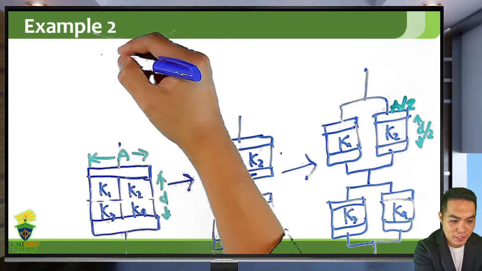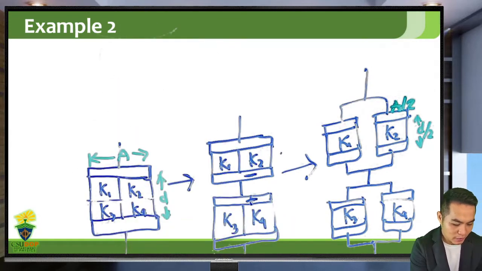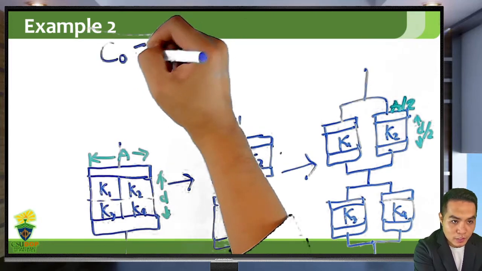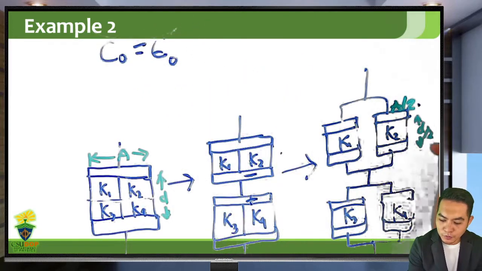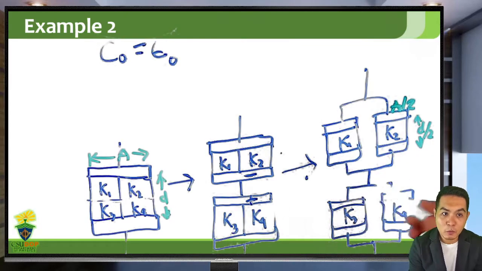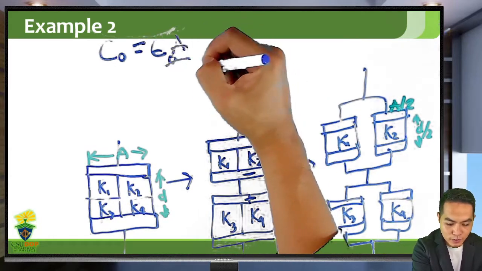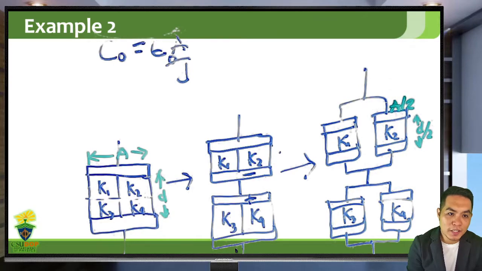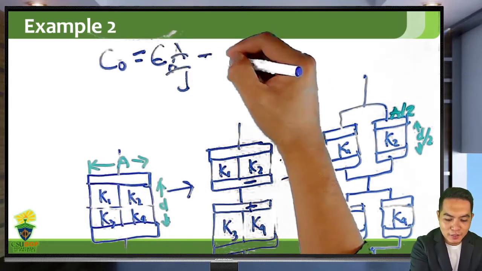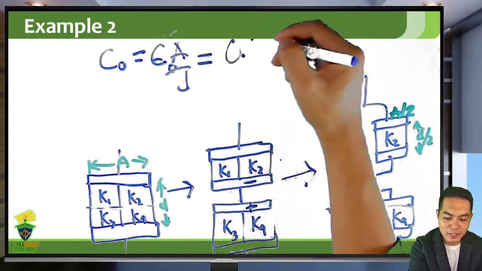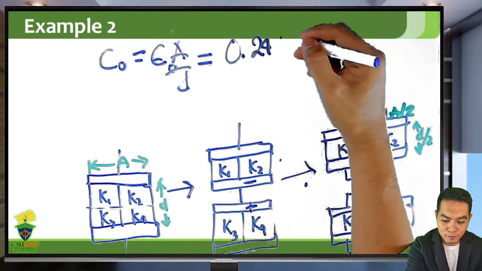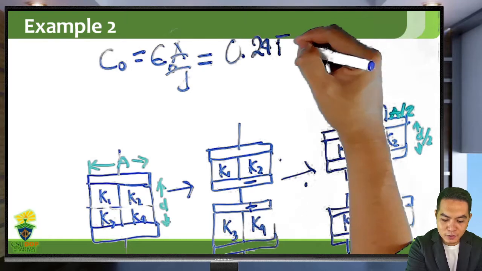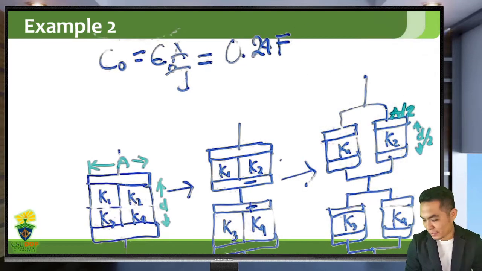So C naught will be equal to epsilon naught times A over 2 over D over 2. So the 1/2 will cancel each other out, giving A over D. If you substitute the given values, you will actually get 0.24 farads.